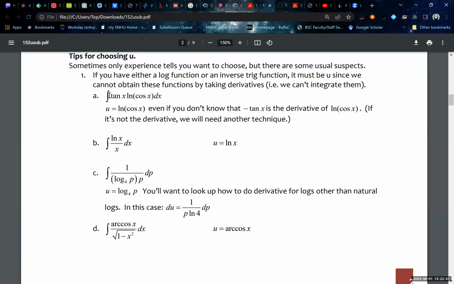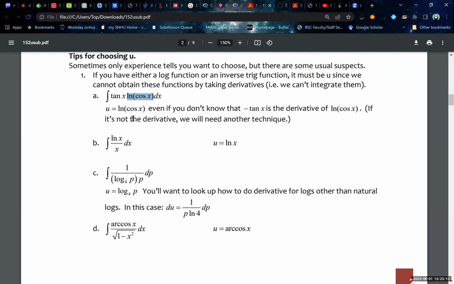In a problem like this, where I have tangent of x times log of cosine x, the log of cosine x is a more complicated function than just tangent of x alone. So even if you don't know that the derivative of log cosine x is minus tangent, this is a better guess. If substitution is going to work, this is more complicated, and therefore that has to be your substitution.